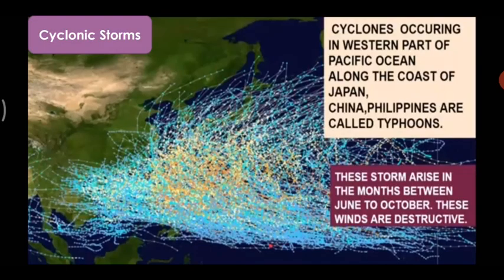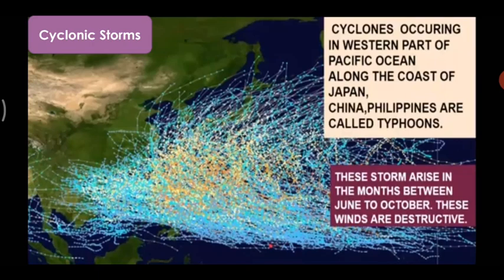Next is cyclonic storms. See, when a cyclone comes with a great speed, storms are created. The winds blow with great speed. So what happens? You can see in the picture, the storms are created. They can be created in the sea and on the land. Cyclones occurring in the western part of the Pacific Ocean along the coast of Japan, China and the Philippines are known as typhoons.